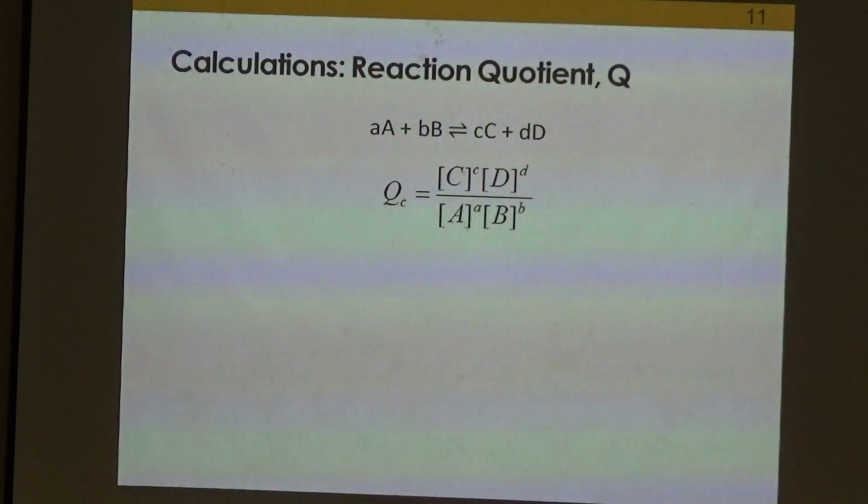If you measure the amount of products formed and the amount of reactants, and you put those into the Kc expression, you get a number. Does that number tell you anything?